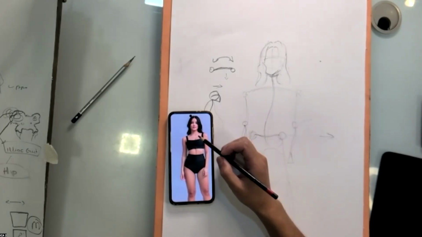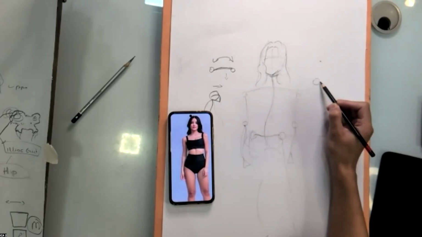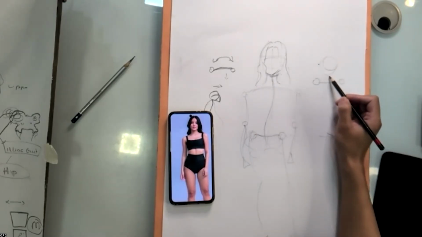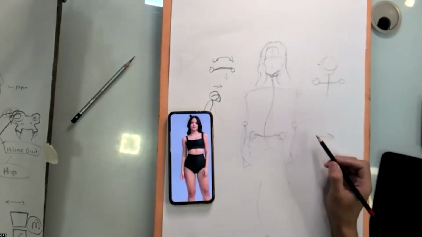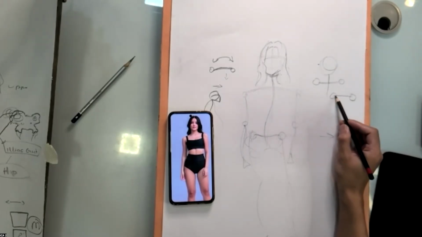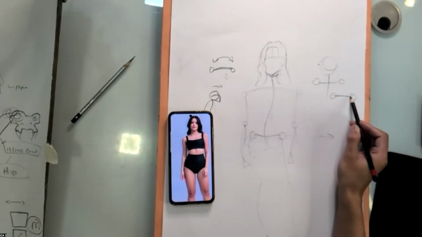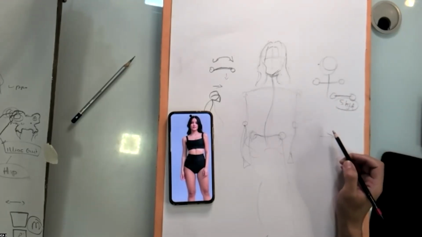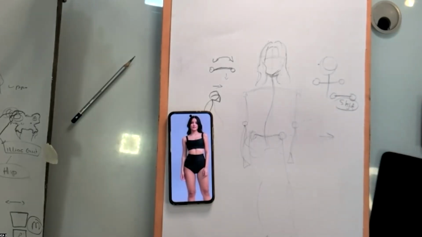Now that is the reason why I showed you this as well, right? For example, your head, neck part, and then the shoulder. If your shoulder is too straight, it will look stiff. It looks more like a robotic figure, a mannequin.